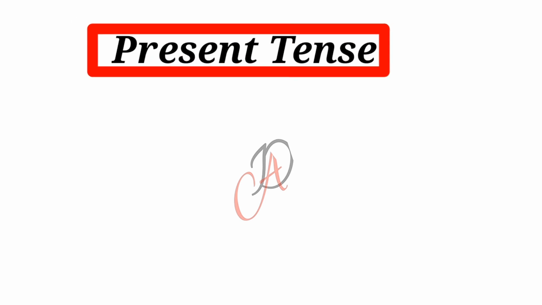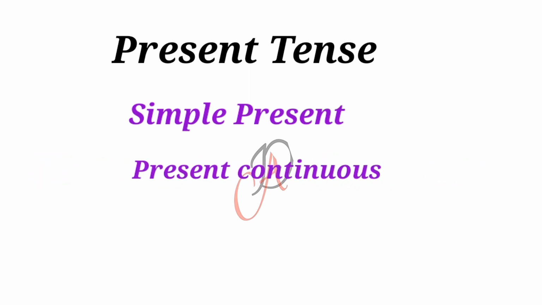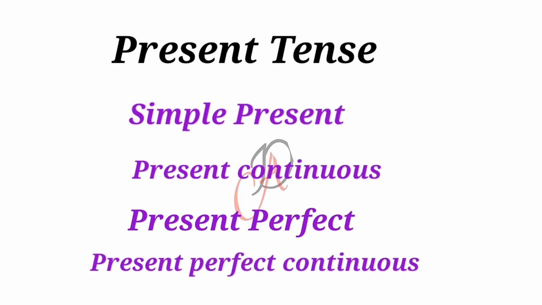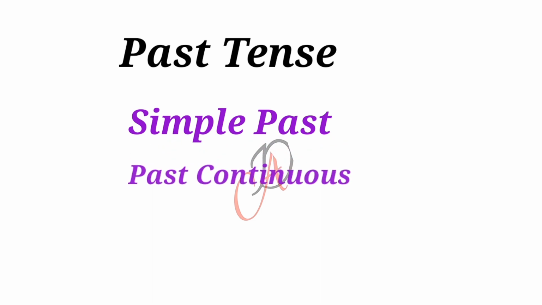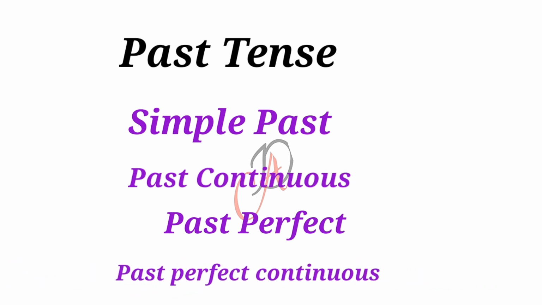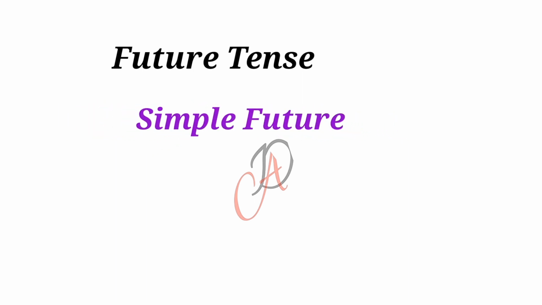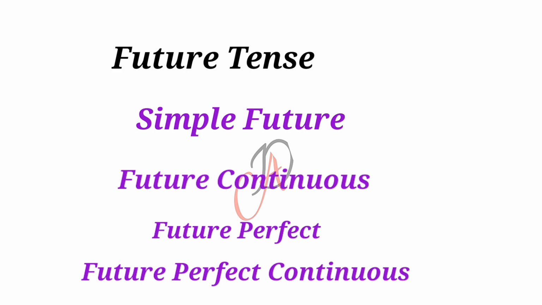Present tense consists of four subtenses: simple present, present continuous, present perfect, and present perfect continuous. The subtenses of past tense are simple past, past continuous, past perfect, and past perfect continuous. And the last one, future tense: simple future, future continuous, future perfect, and future perfect continuous.